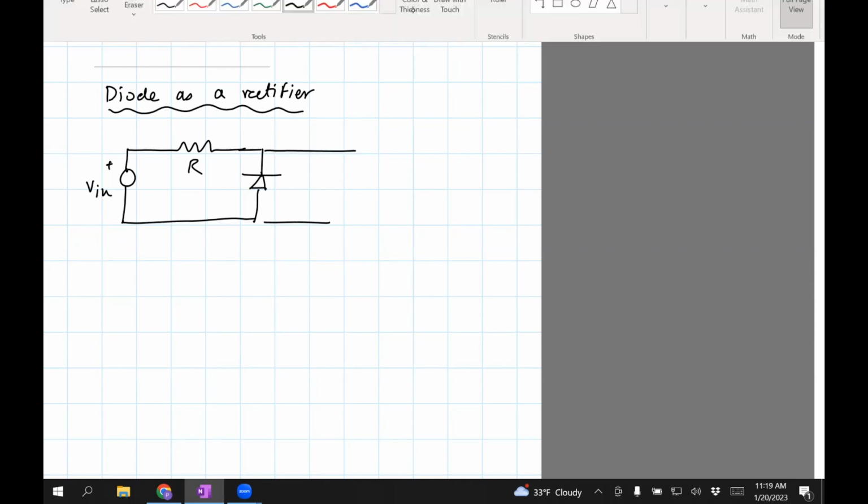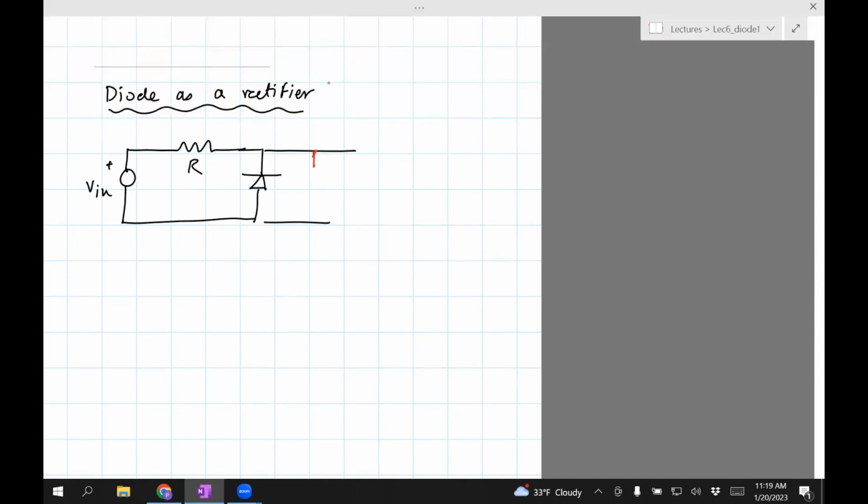And we're interested in measuring the voltage across the diode. Now, why do you want a resistor here? A diode by itself does not have resistance, and you just don't want to put in too much current. Although I drew that curve with the current going to infinity in the previous plot, you really don't want to send a large current. So to limit the current, you put a resistor in series with the diode.